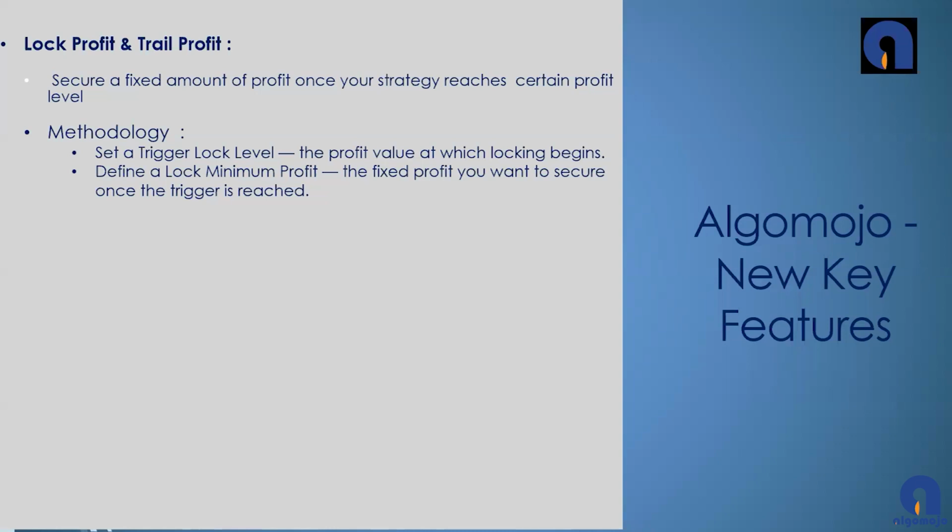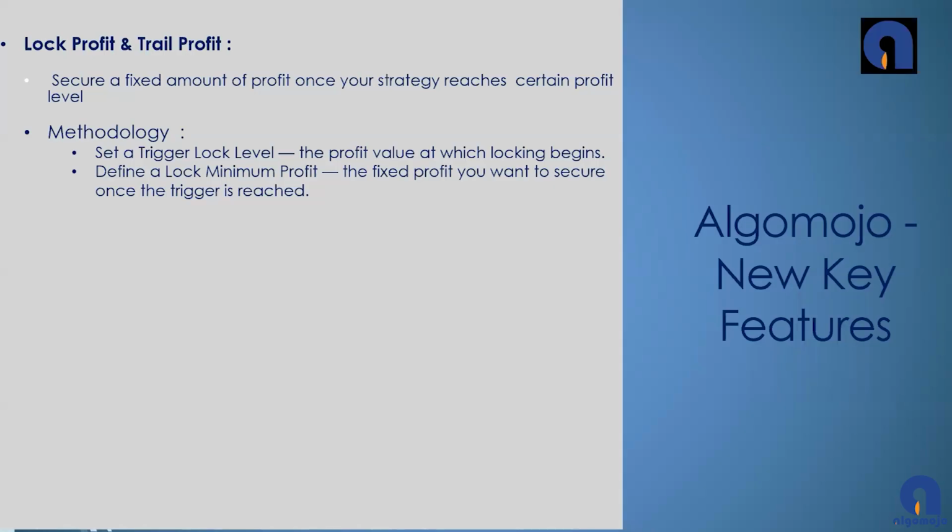We are also working on looking at the complete overall position which is open, wherein you can say that, okay, my overall position has achieved, say, 50,000 rupees, and the minimum that you wish to lock in is about, say, 30,000 rupees or 35,000 rupees.